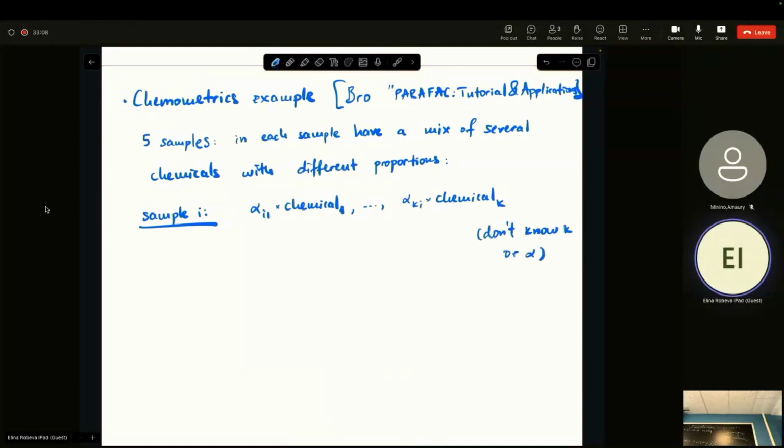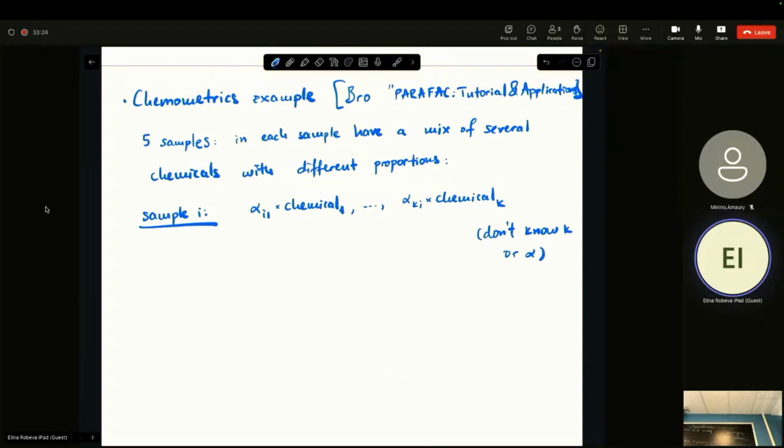All right, and because we have 5 samples, we're going to try to somehow use all of this data in order to recover the unknown K and alpha.